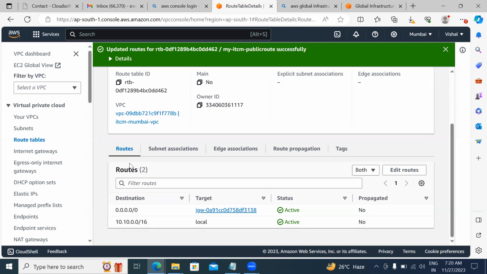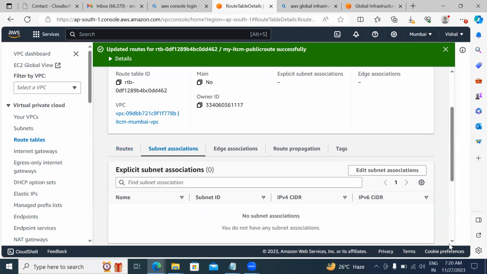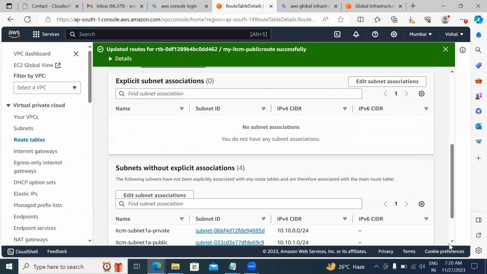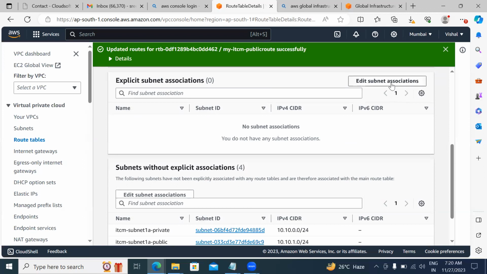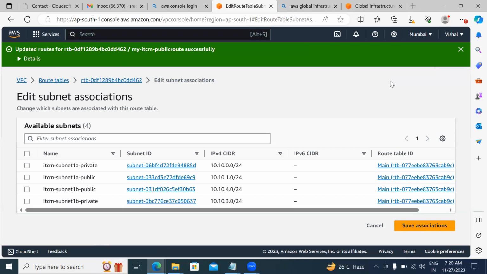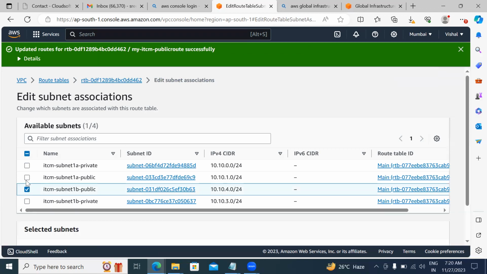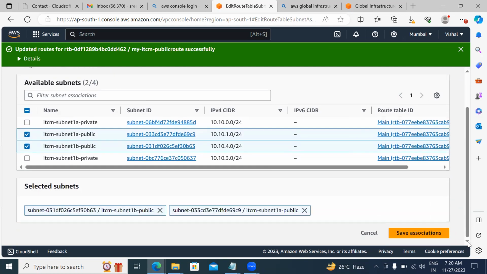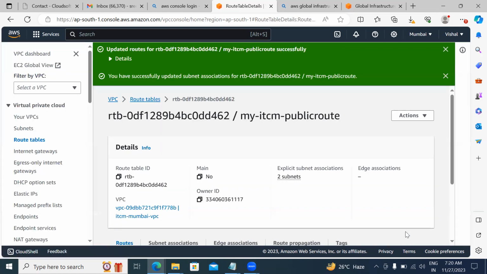This route table we created with the public route needs to be attached to the subnet which you want to make public. Still, those private subnets have the main route table only.